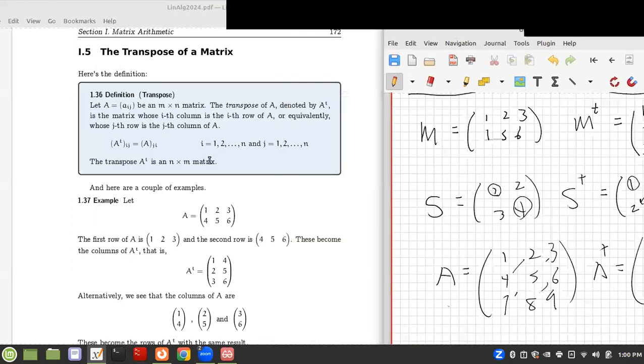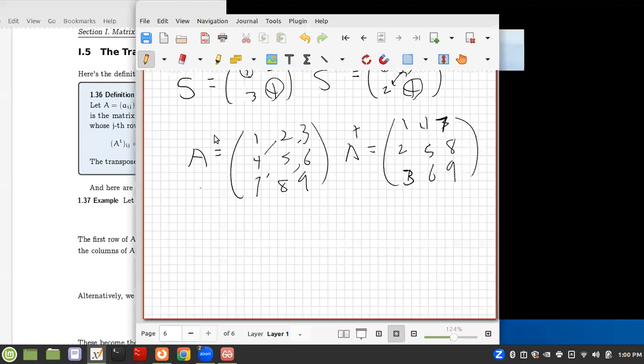That's the definition. If I take entries, it's really simple. If I have a matrix A with entries A_ij, and I have a matrix A transpose, then A transpose ij just equals A_ji. I just swap the indices.